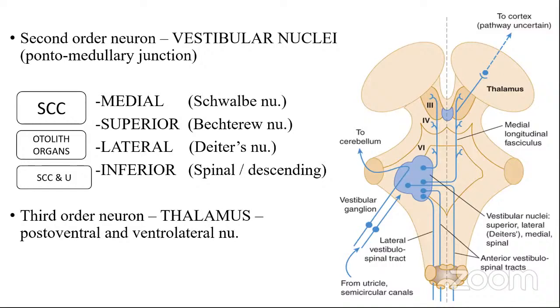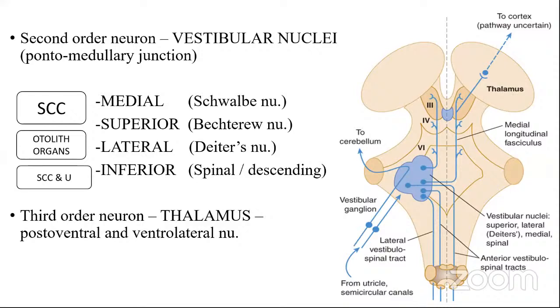So, the semicircular canals are controlled by the medial and superior vestibular nuclei, whereas the otolith organs are controlled by the lateral vestibular nuclei, otherwise called Deiters' nuclei.